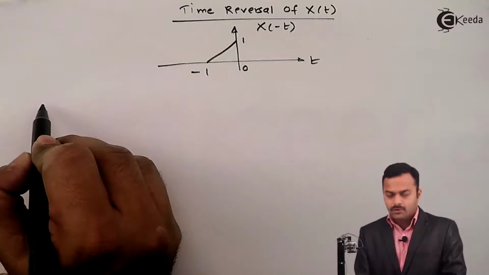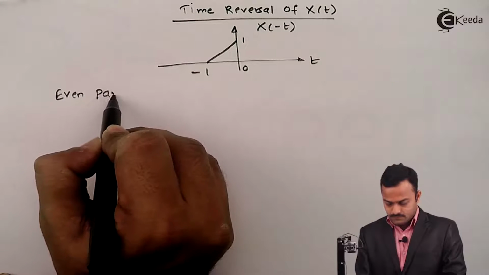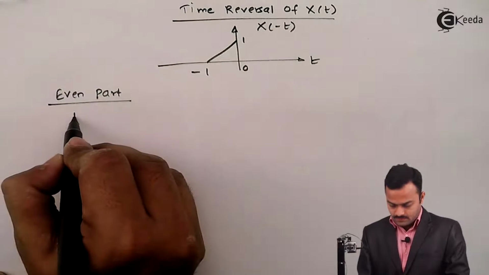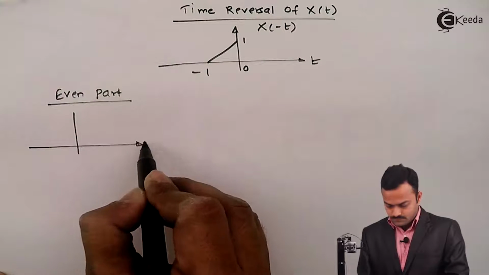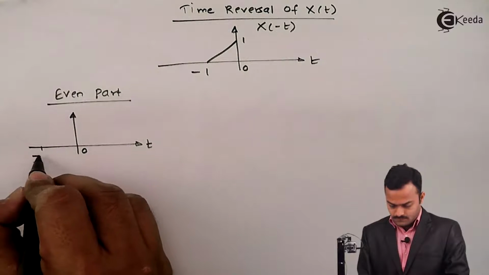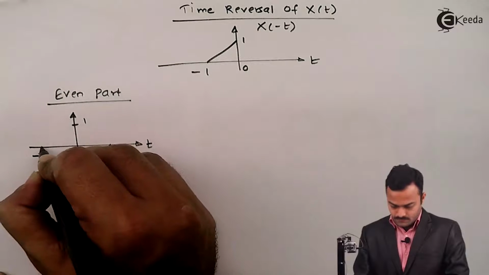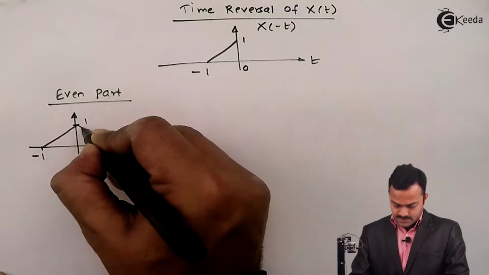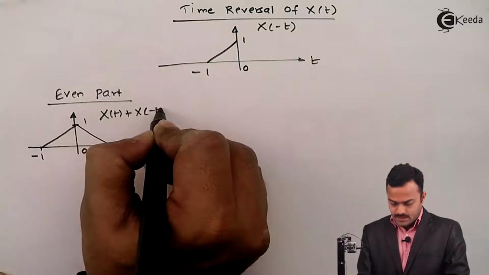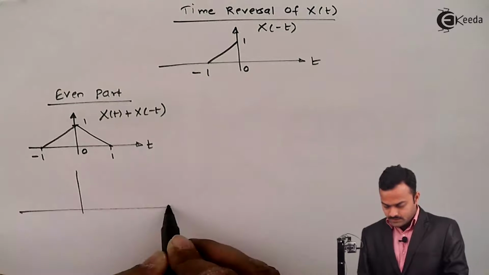So the signal that we will obtain for the even part through this process, obviously this signal you will get, which is nothing but x of t plus x of minus t, and we need to divide this by 2 in order to get the even part.